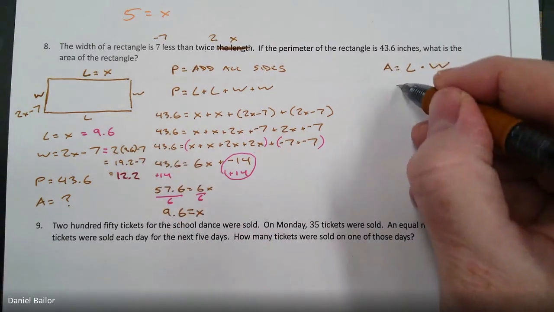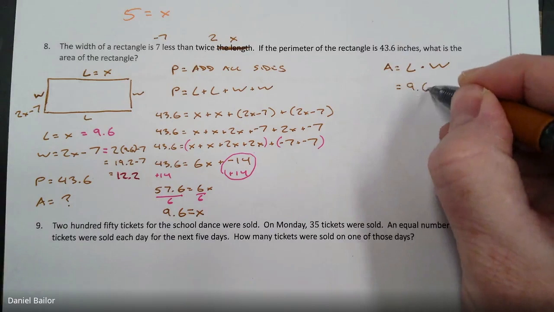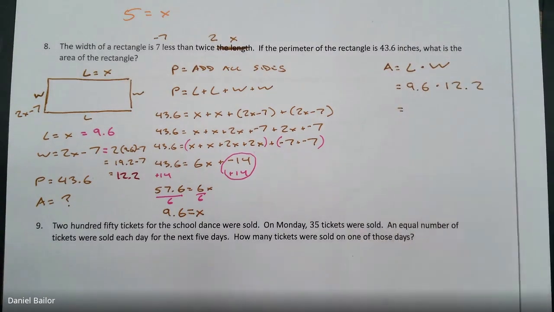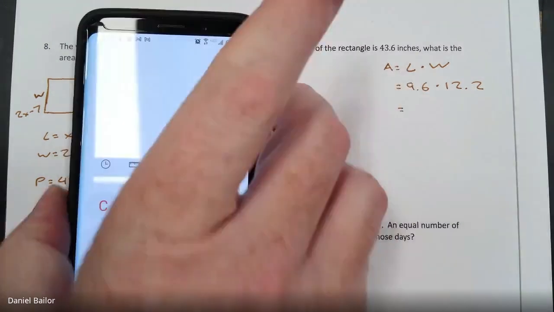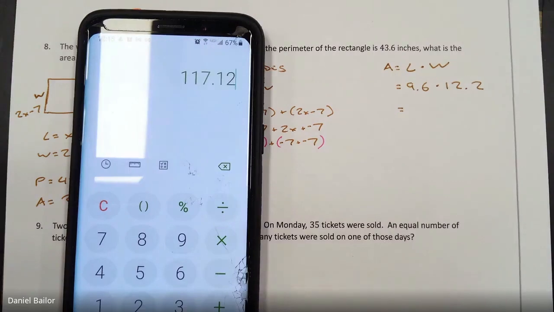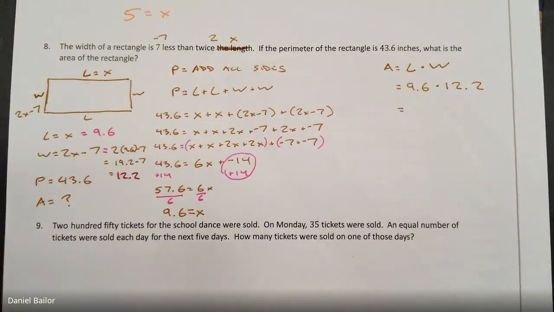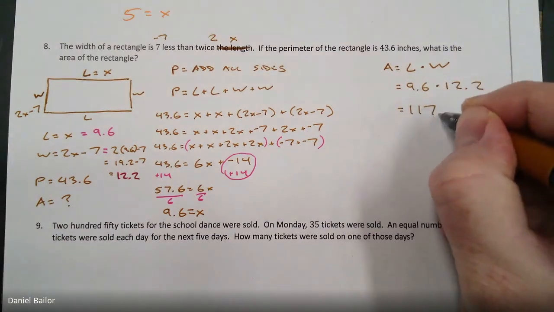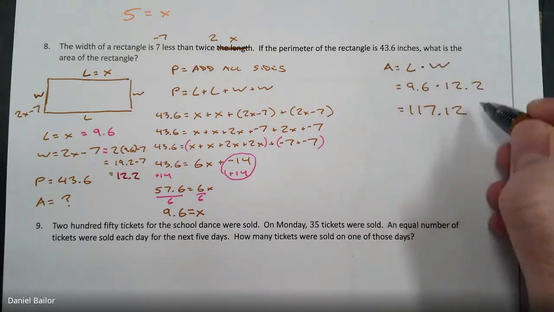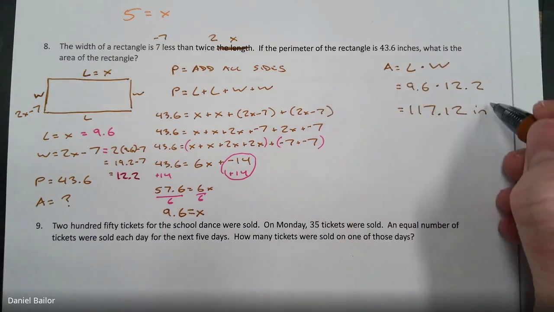Now I can do length of 9.6 times the width of 12.2 to find the area, which is, I'm not going to do that in my head. Let's do 9.6 times 12.2. 117 and 12 hundredths. So the area is 117 and 12 hundredths. And we're talking about inches. So inches, and it's area, which means it's square inches.